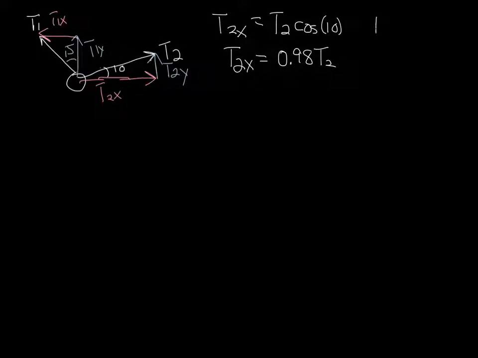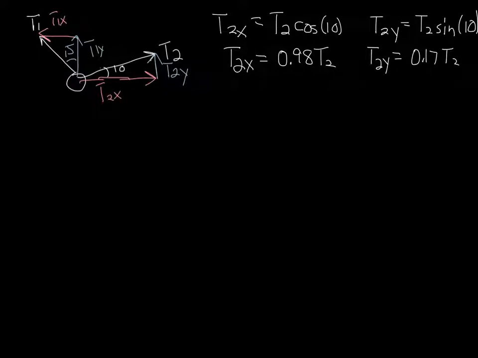I can do the same procedure for T2y. T2y is going to be equal to T2 times the sine of 10, where I'm using sine because this is the opposite piece of the triangle from the angle, so my T2y is going to be equal to 0.17 times T2.